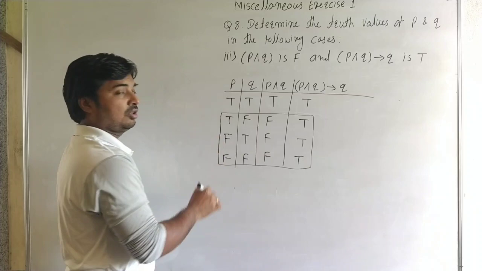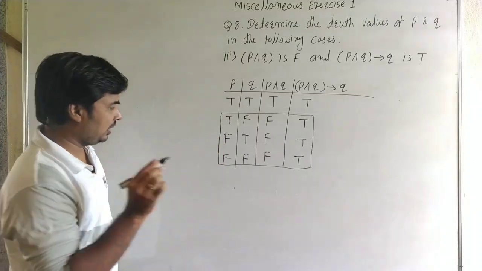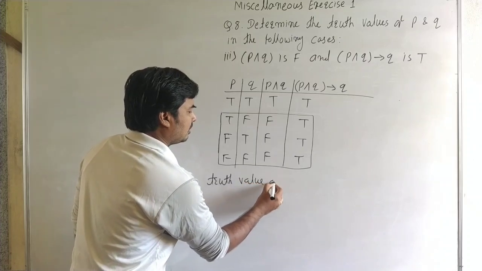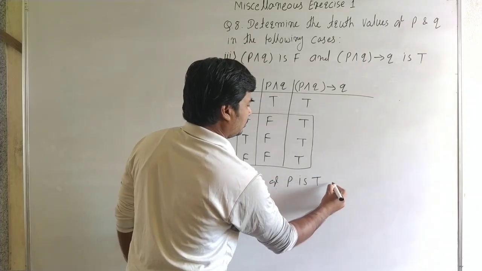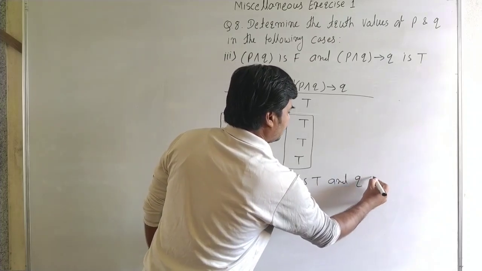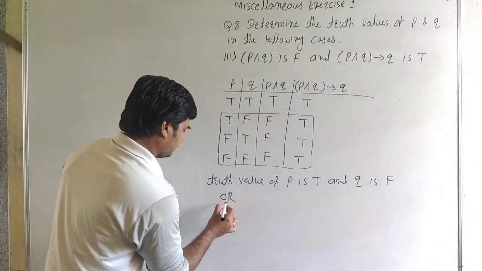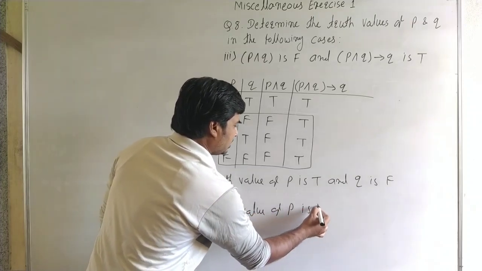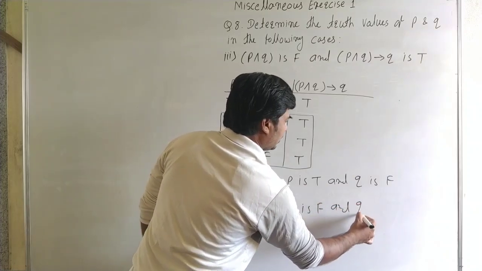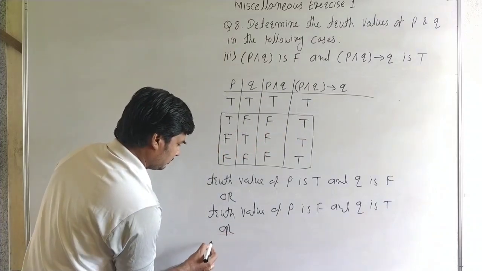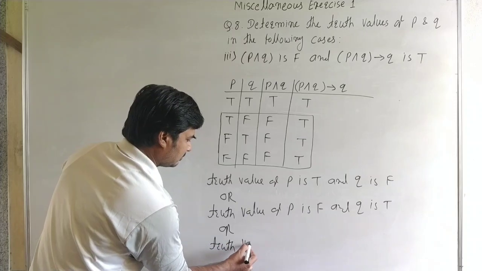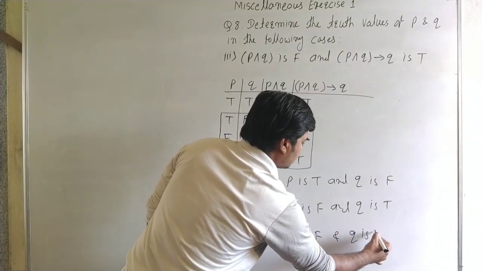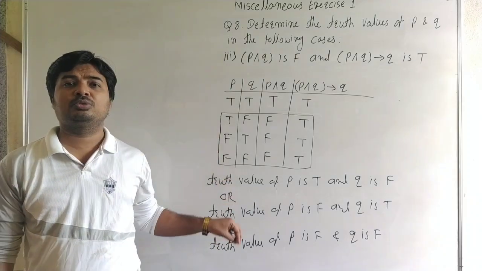That means there are three possibilities for the truth values of P and Q. The truth value of P is true and Q is false, or the truth value of P is false and Q is true, or the truth value of P is false and Q is also false.